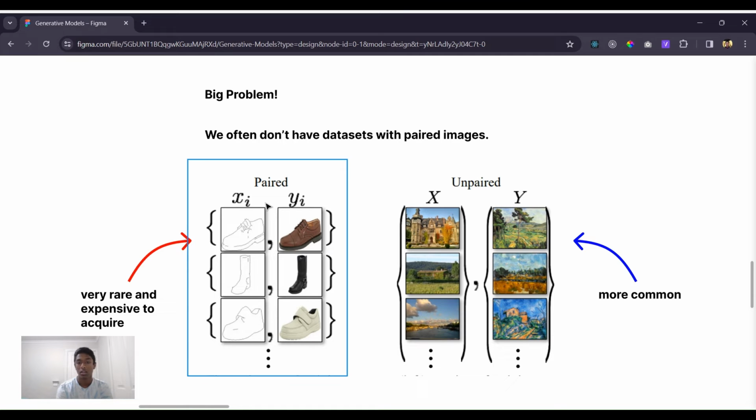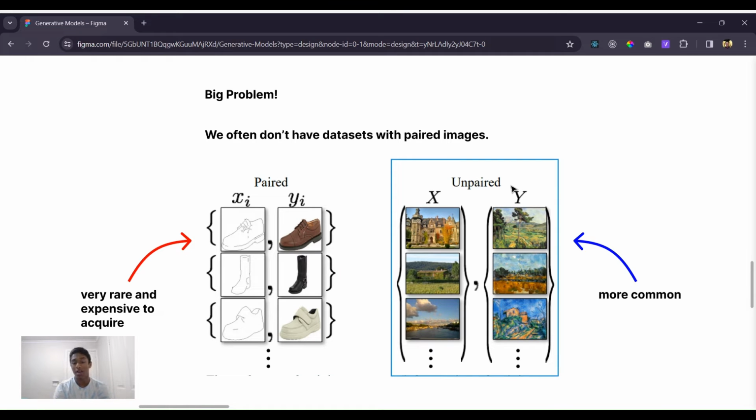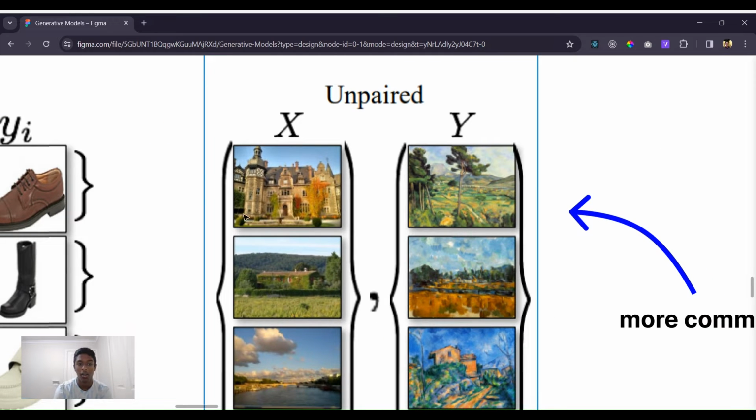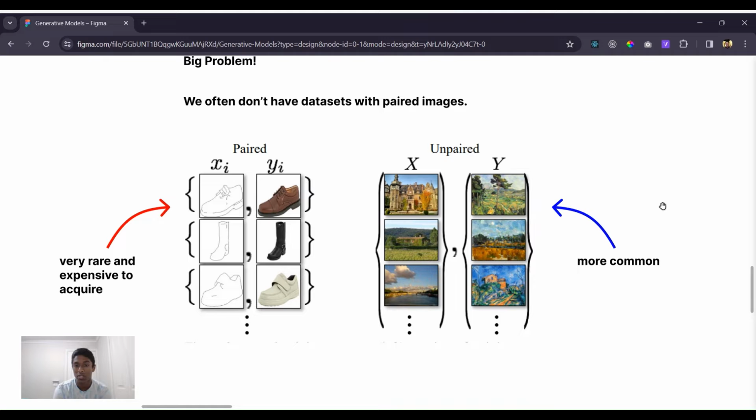On the other hand, what's more common is to have unpaired datasets. In this dataset here, the X domain is images of landscapes, and the Y domain is images of paintings. It's much more common to have these unpaired datasets where we just have a collection of images of landscapes and another collection of images of paintings.